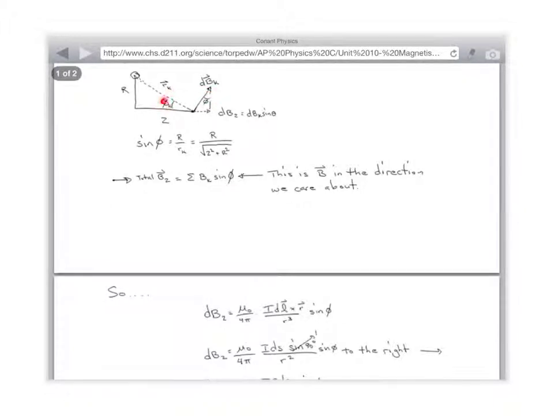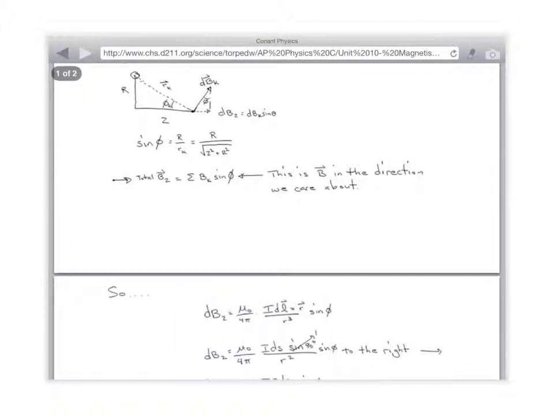Now, in order to get that angle, it's a sine, right? We're interested in this component. That's the opposite. This is the hypotenuse. So I need sine. So phi is opposite over hypotenuse.